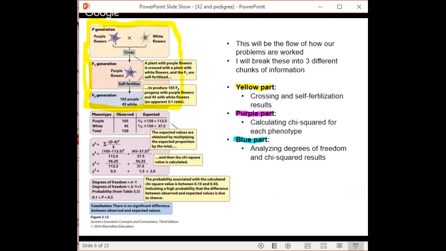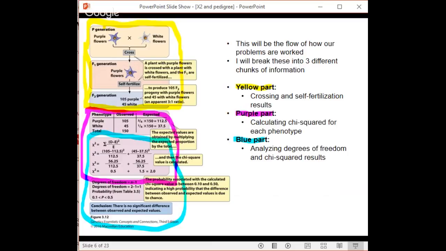This yellow part here will be our monohybrid crosses and the self-fertilization of the first generation. The purple part, I'll go into detail about how to calculate the chi-square for each phenotype. And then we'll go to our degrees of freedom and analyzing the chi-square results.